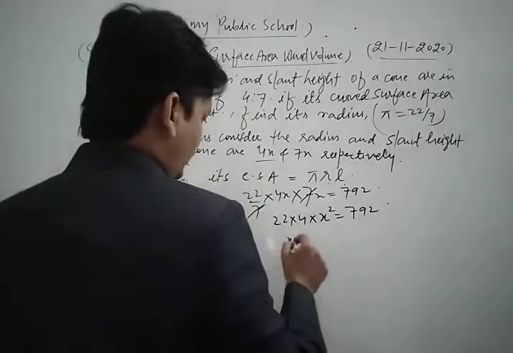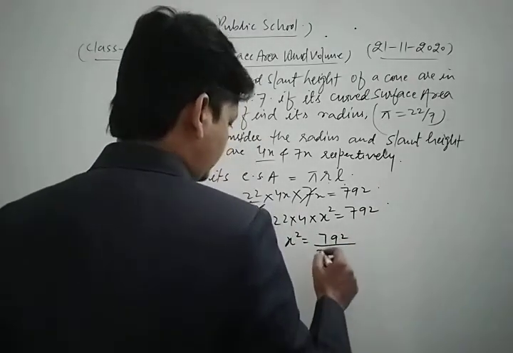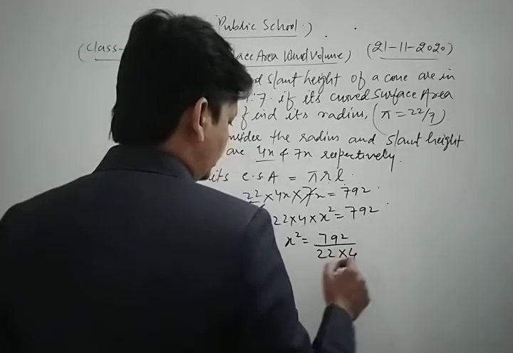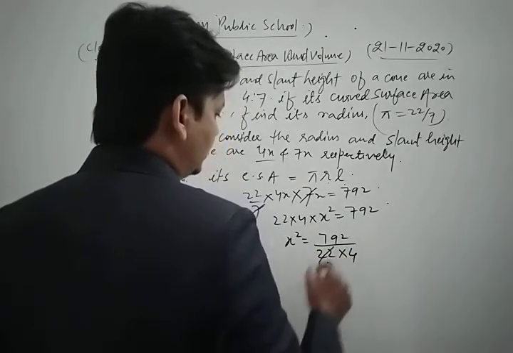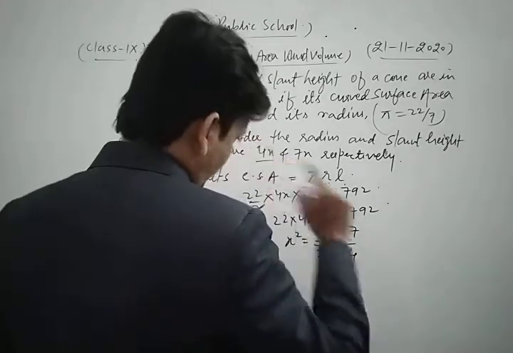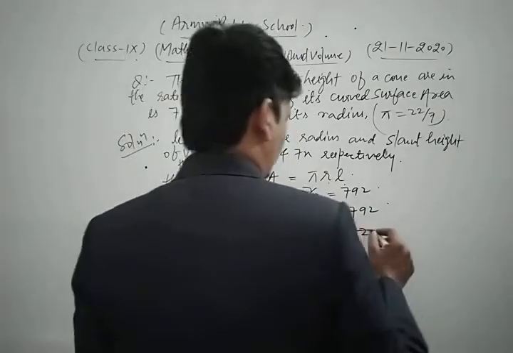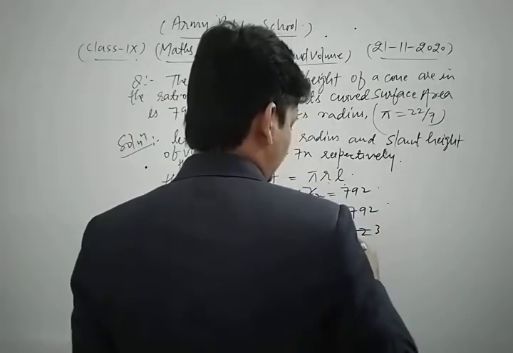Thus the value of x square is 792 upon 22 into 4. Let's see: 11 to the 11, 7 the 77, carry 2, 2 3 the 6, 12.